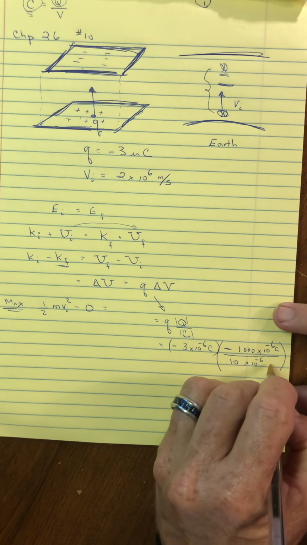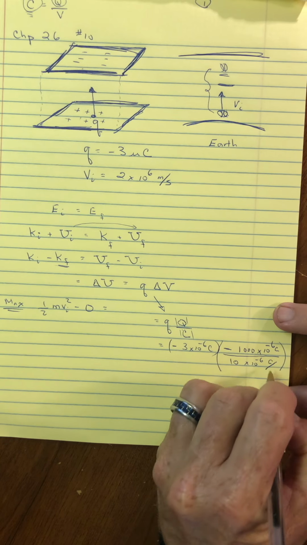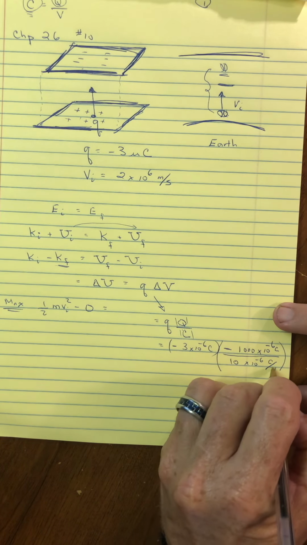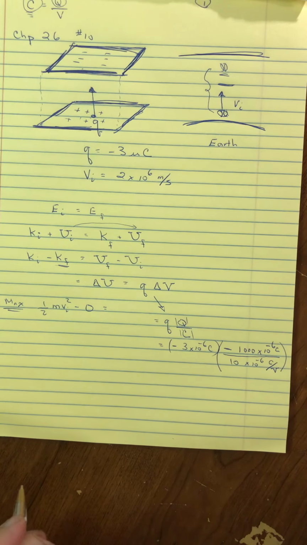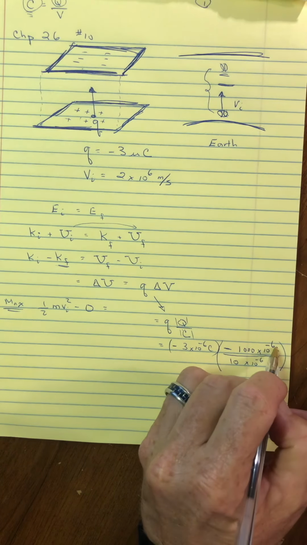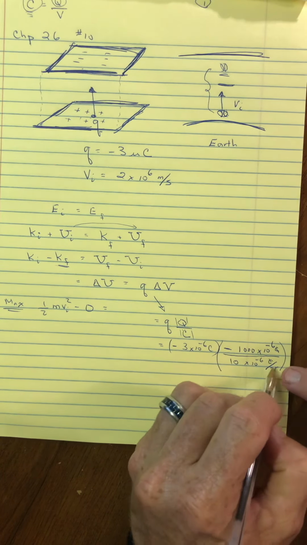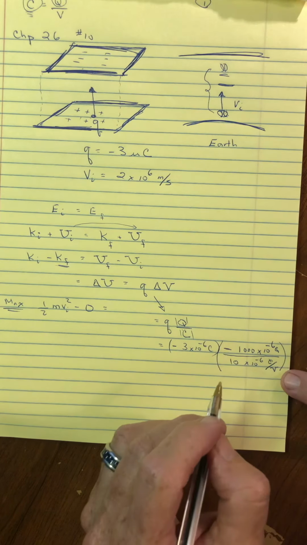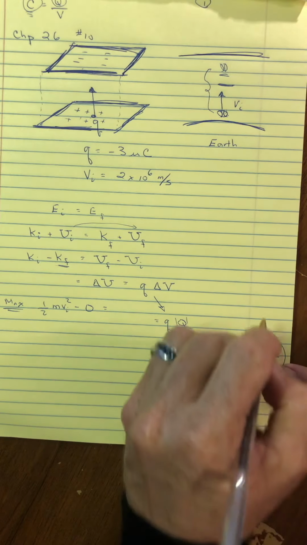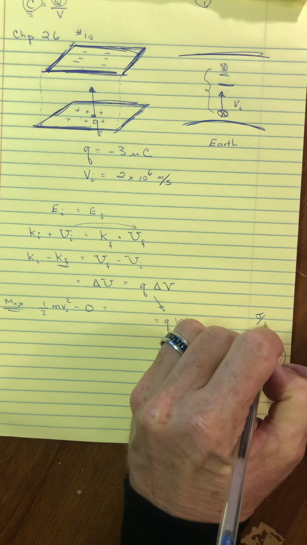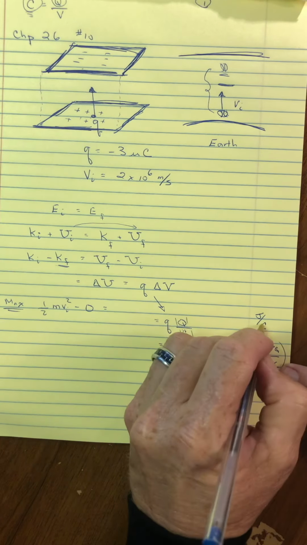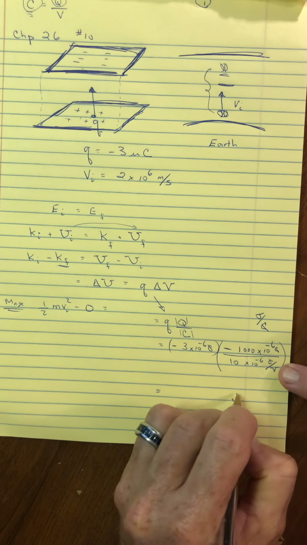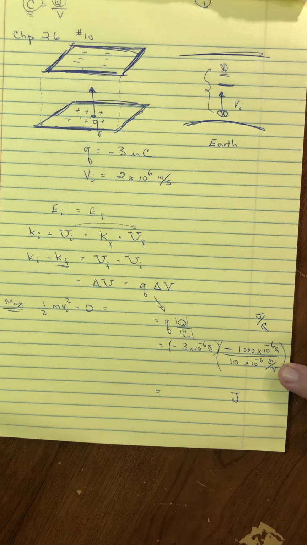Now maybe for a farad, I'll put coulomb per volt. Because then coulombs would cancel with coulombs and you'd be left with volt. And a volt, remember, is a joule per coulomb. So if I call this at the top, joule per coulomb, then that coulomb would cancel with that coulomb, and you would be left with energy in joules.